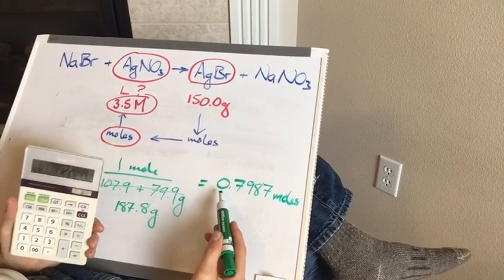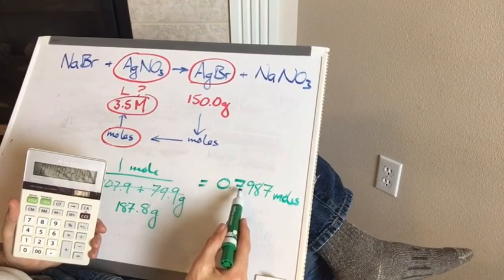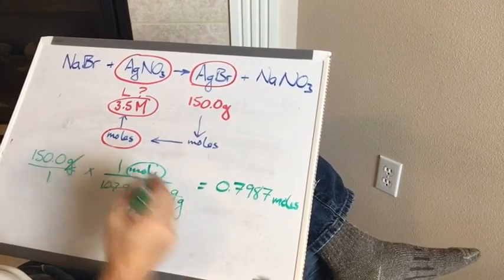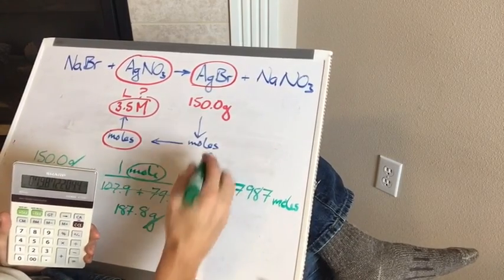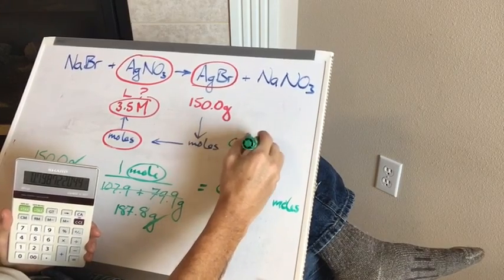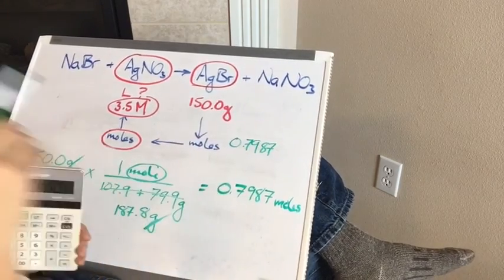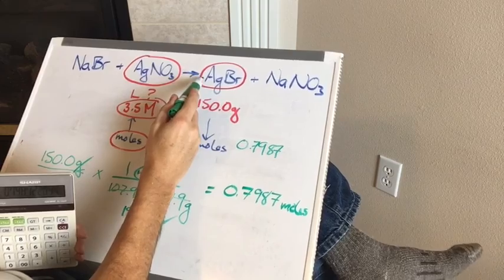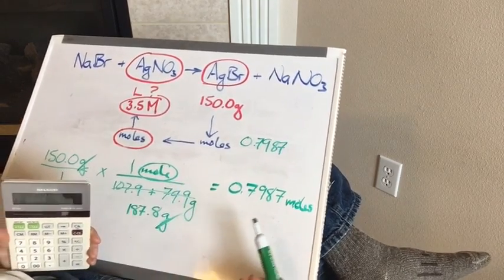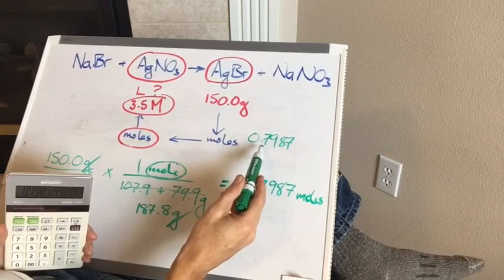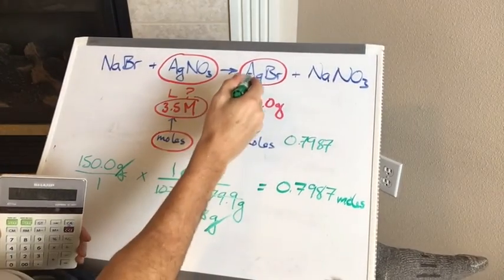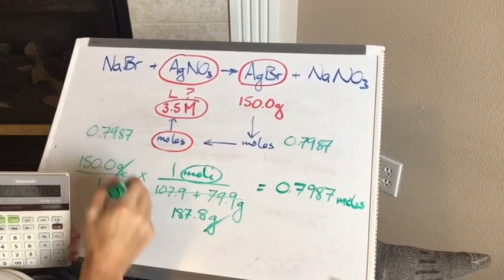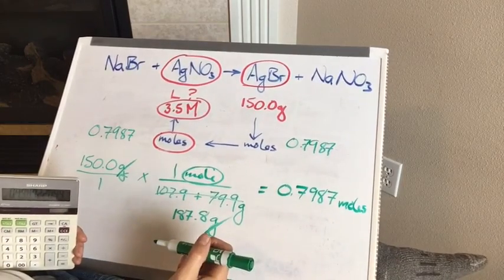I got 0.7987, and since the grams cross out, we're left with 0.7987 moles. That can go here. Since it's a 1-to-1 ratio, there's a 1 here and a 1 here for the stoichiometric coefficients. So if we get 0.7987 moles of silver bromide, we've got 0.7987 moles of silver nitrate.